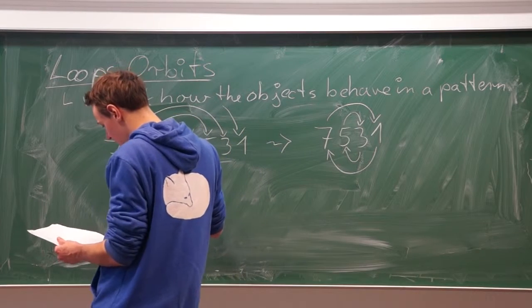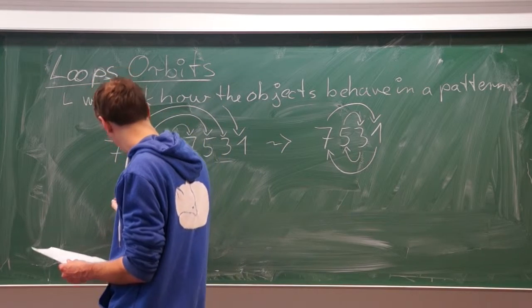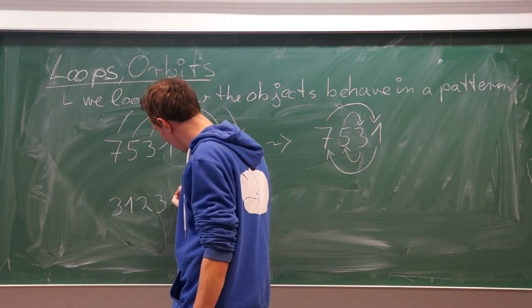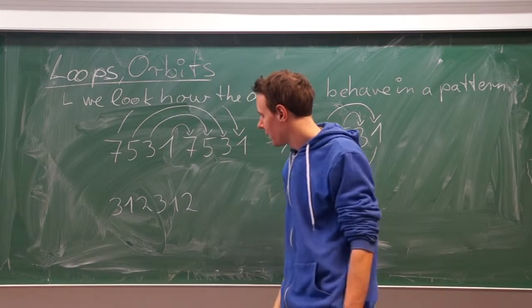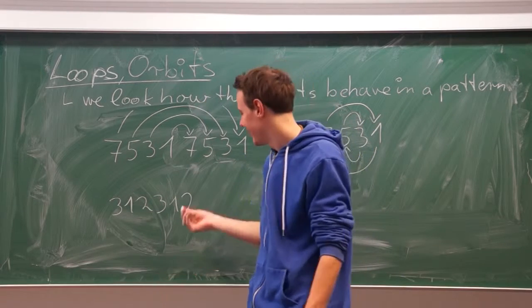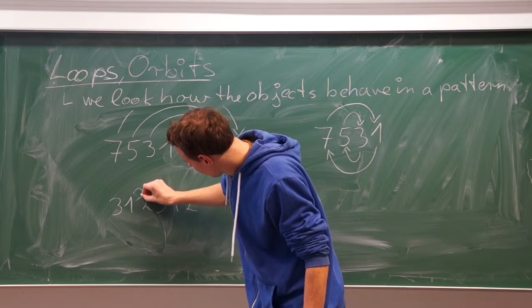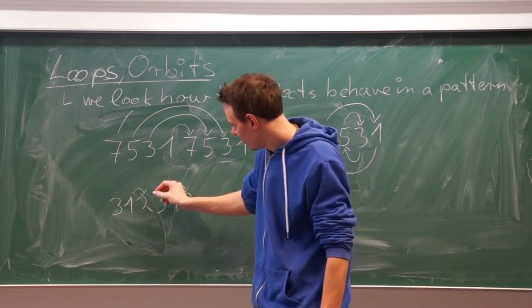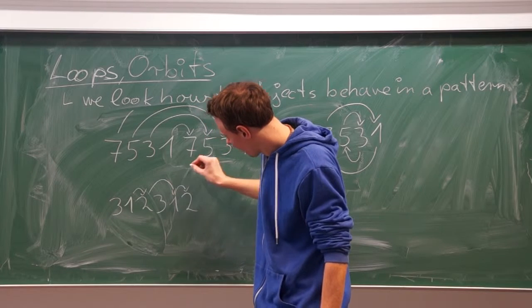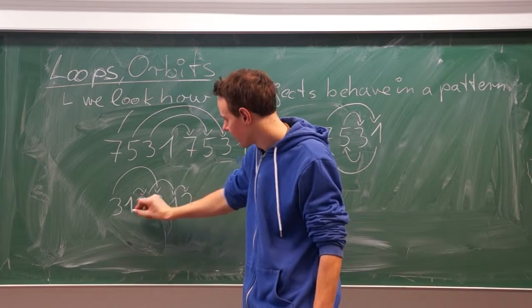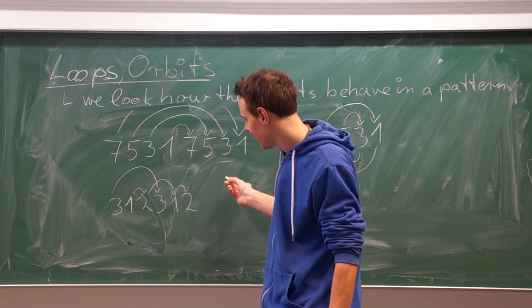And when we have another example, 3, 1, 2, 3, 1, 2, I always start with the 1 because it is the easiest. My 1 is going to be a 2, and my 2 is going to be the 1. And 3 is going to be 3, because 1, 2, 3, 3 beats later.